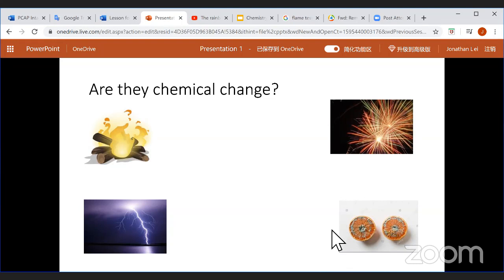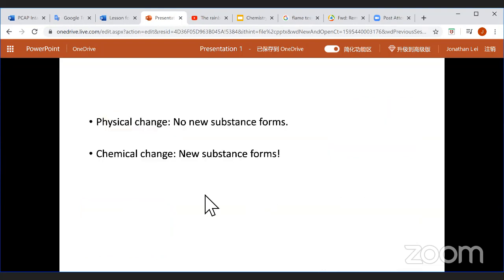It makes the mold grow, which is new. Yeah, right. That's right. So yeah, that is physical and chemical change. A little conclusion is that physical change is no new substance forms. Chemical change is new substance forms.